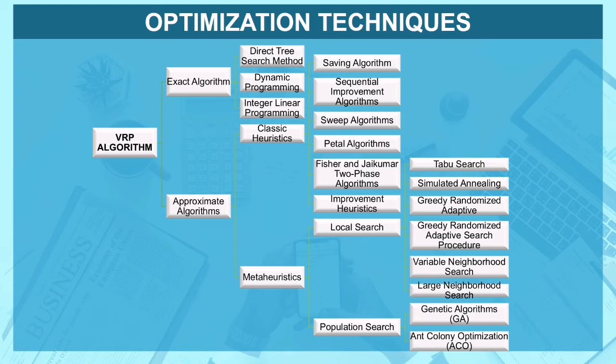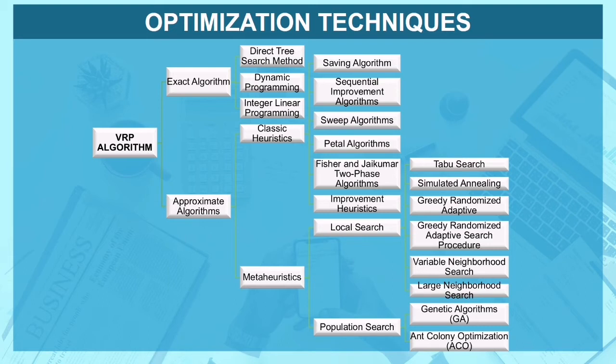There are two types of approximate algorithms, including classical heuristic and meta-heuristic. There are a few major classes in classical heuristic, which are the savings algorithm, sequential improvement algorithm, sweep algorithm, Petal algorithm, Fisher and Jaikumar two-stage algorithm, and improvement heuristic. Meta-heuristics handle more detailed solutions and are able to produce excellent results.